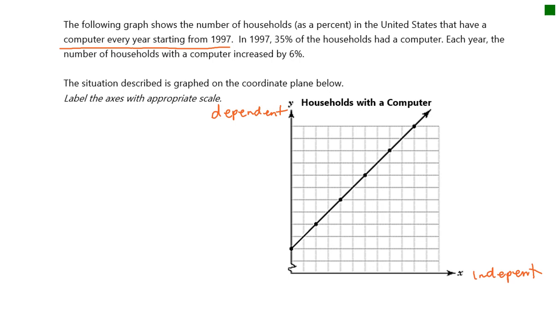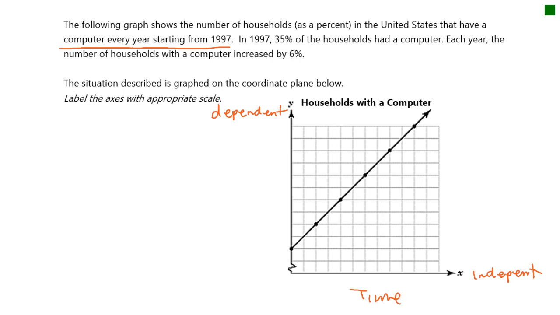All right, well, think about it. We're talking about computers over time, every year, right? So where am I going to put time and computers? We know that time changes all the time, and it doesn't need anything to change. The time is changing no matter what. It doesn't matter of anything. The time's gonna keep going no matter what. So I know for sure that independent has to be time.